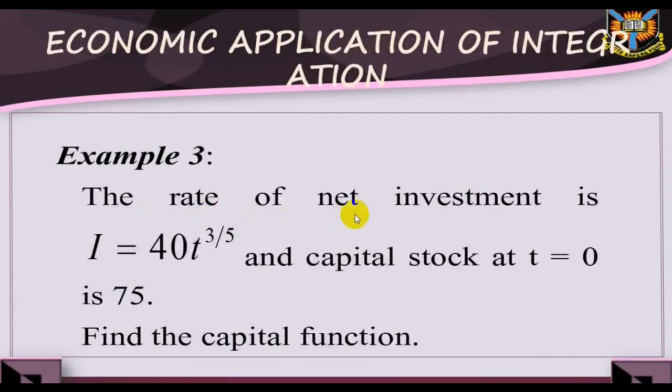Example 3. The rate of net investment is I equals 40t to power 3 over 5, and capital stock at t equals 0 is 75. Find the capital function.